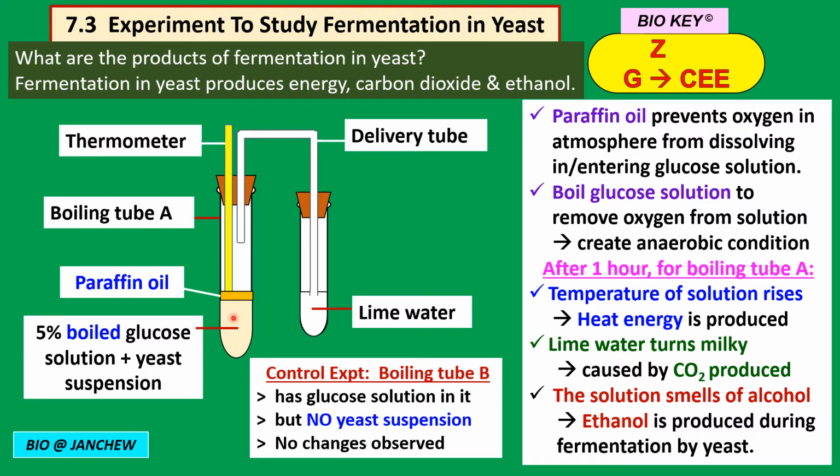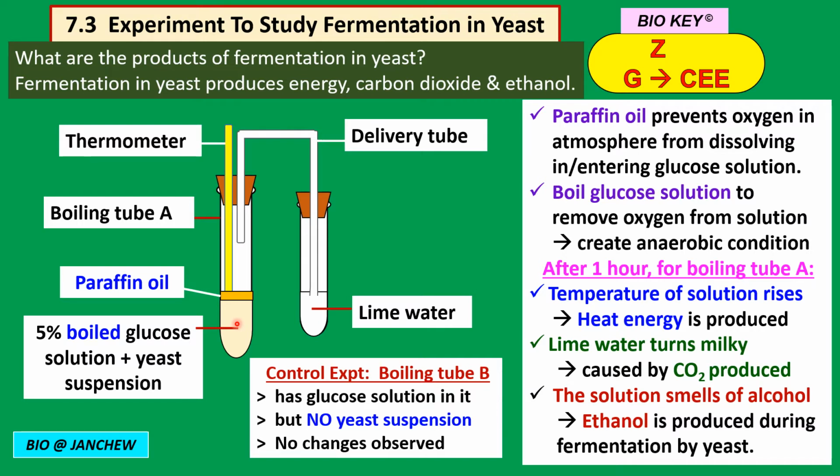All right, by boiling the solution. And then after that, you must cool down the glucose solution. If not, if you mix the yeast straight away with the glucose solution, our poor yeast will die, right? Then there will be no results from the experiment.